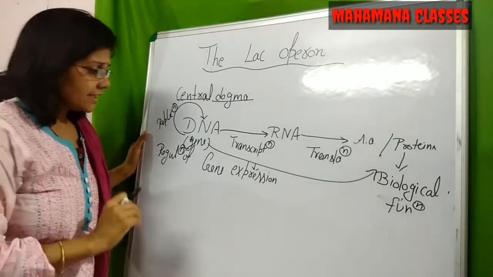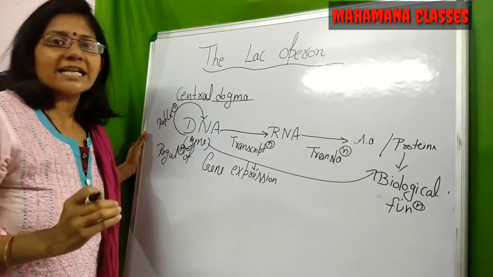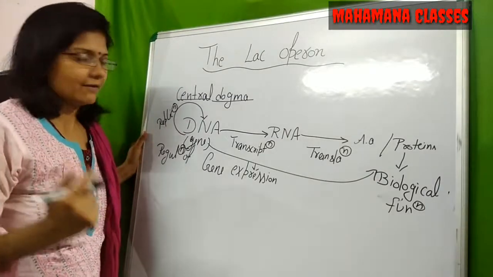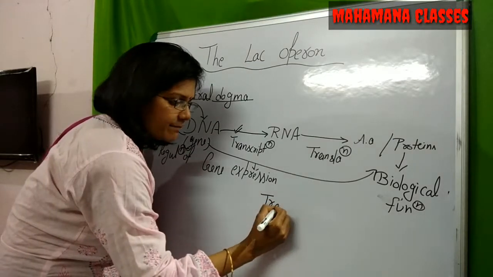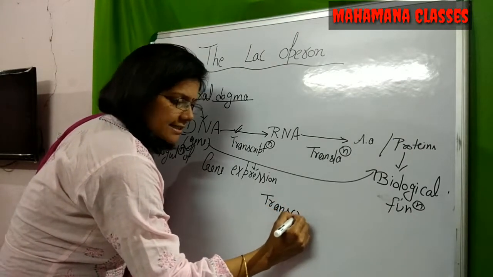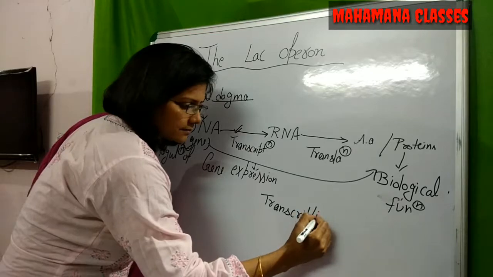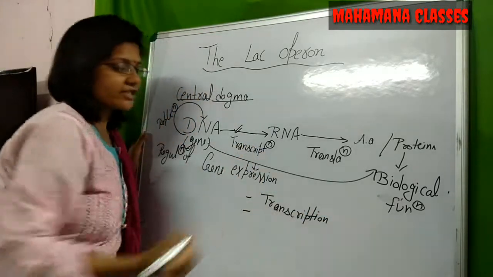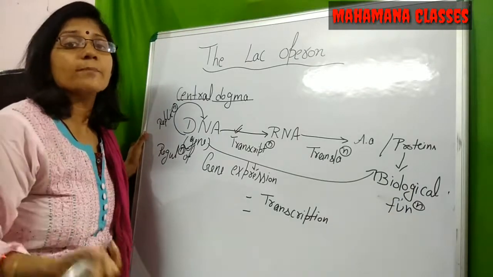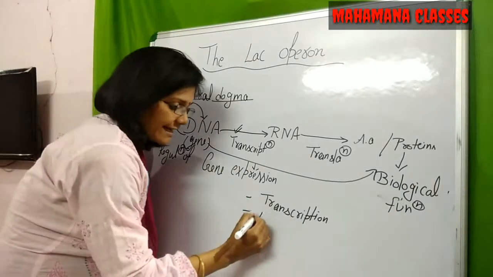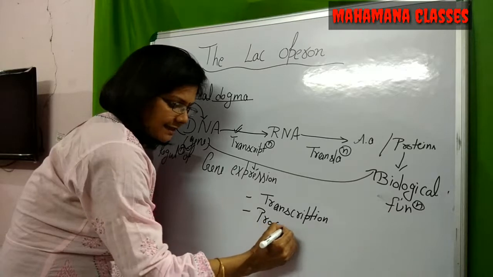Now we have to see that regulation of gene expression occurs at every level. First, it can occur at the transcriptional level. Very important thing it is. Then after transcription, there is a process of processing of RNA, so it can be at the processing level.